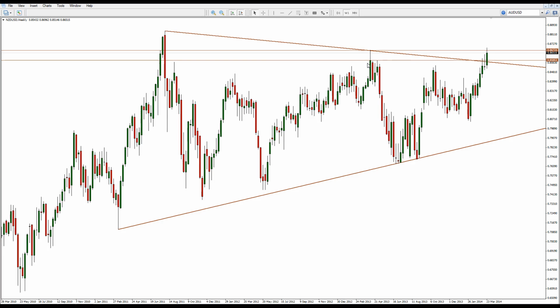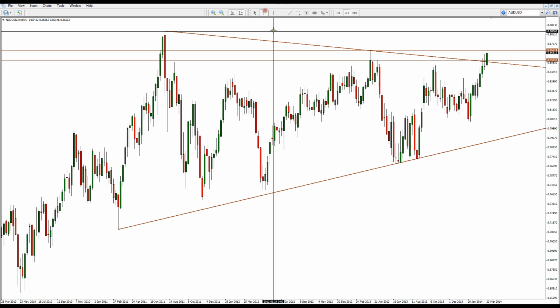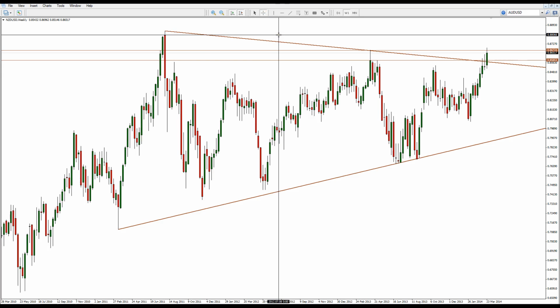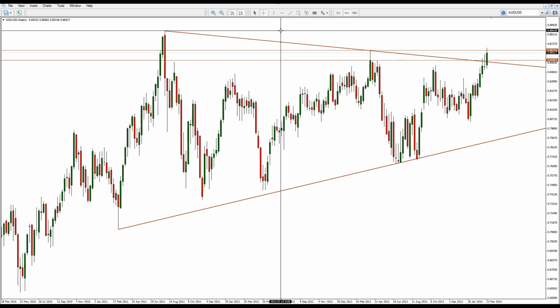So it's, let's say, a double close above two important levels. I repeat, I expect for the price to make a small range between these two levels before reaching the final target, this 0.88.